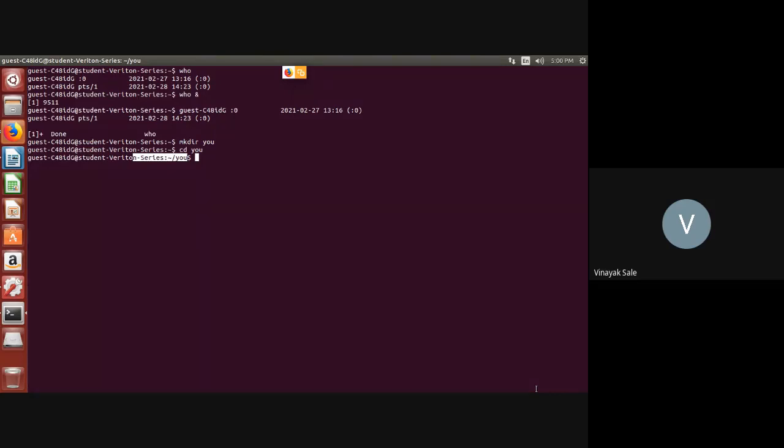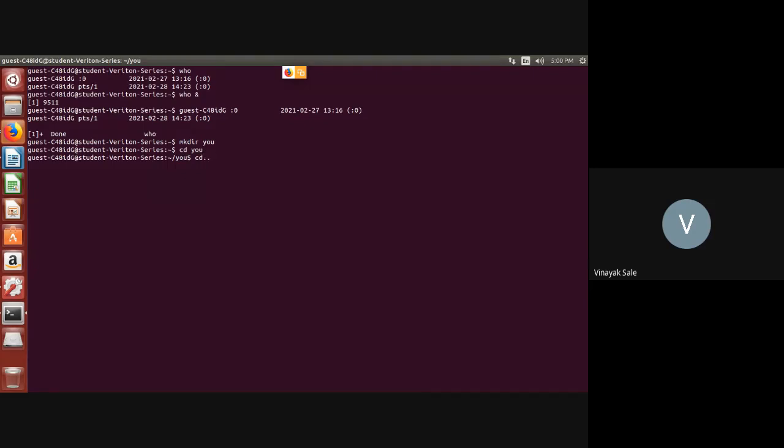Then the next command we have seen is the ls command. Then suppose I want to go again to the previous directory, then write only cd dot dot.